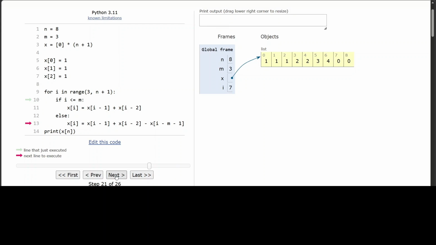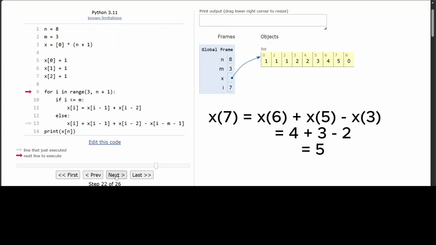Month 7. x7 equals x6 plus x5 minus x3 equals 4 plus 3 minus 2 equals 5. Month 8. x8 equals x7 plus x6 minus x4 equals 5 plus 4 minus 2 equals 7.